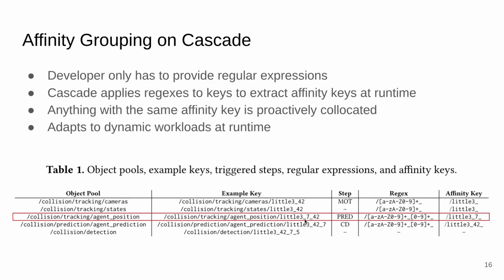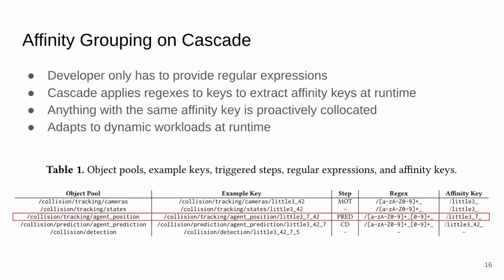This is important because this particular pipeline is a good example: the workload for the pipeline changes dynamically. Depending on how many actors are detected in the image, the number of prediction models that are going to run in parallel is different.